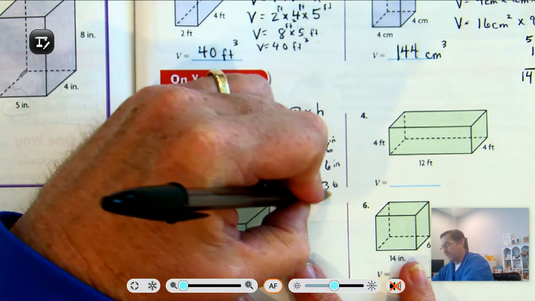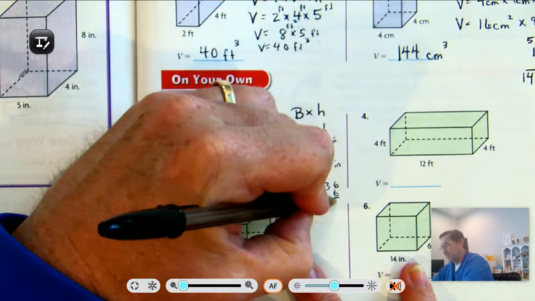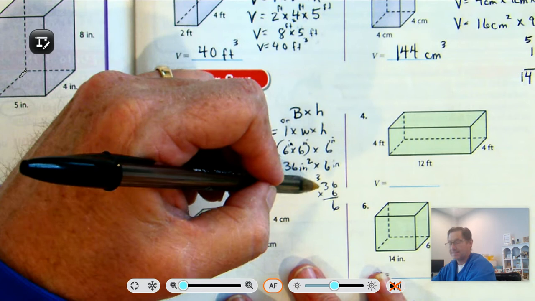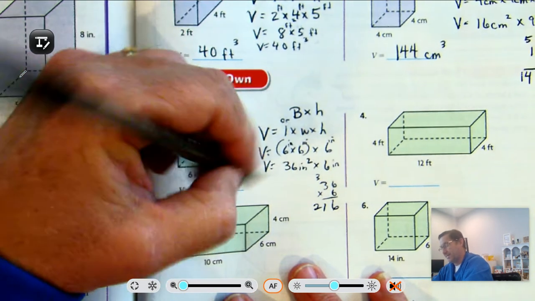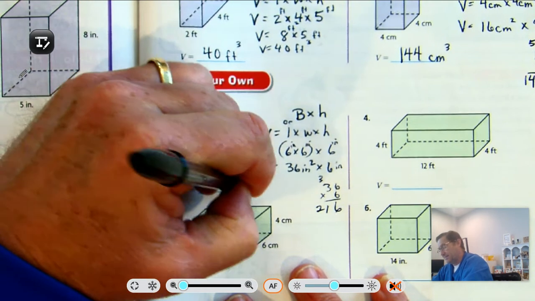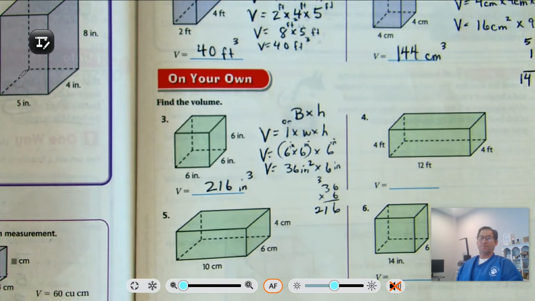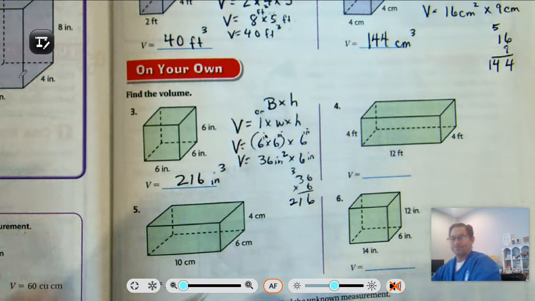So 36 times 6. 6 times 6, 36. Regroup as 3 tens and 6 ones. 6 times 3 tens is 18 tens, plus 3 more is 21 tens. So 216 inches cubed.